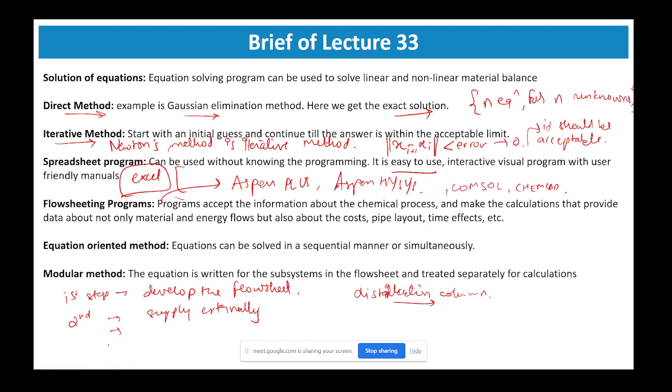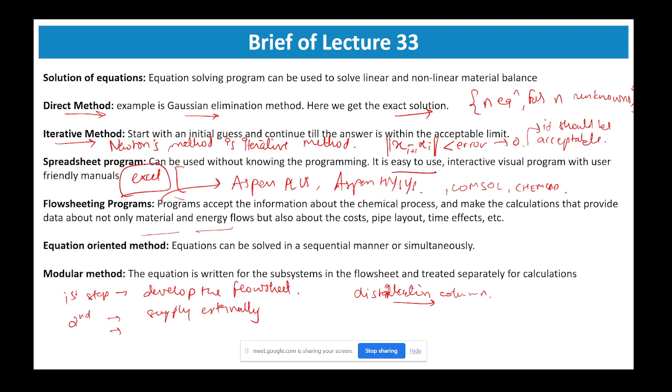Then, as I said, there will be some database, and based on that database there will already be certain equations written in it, such as material balance or energy balance.